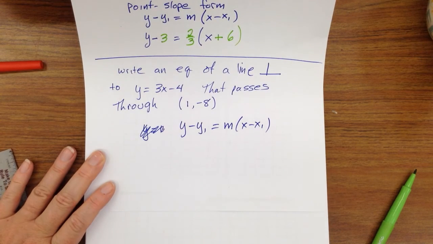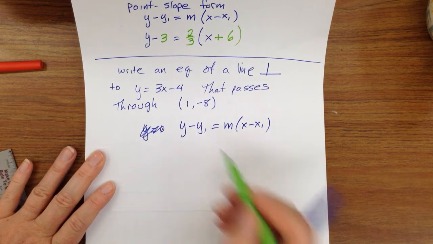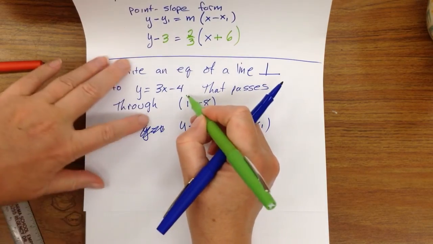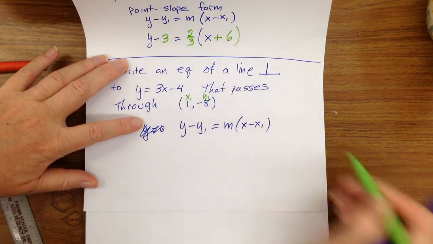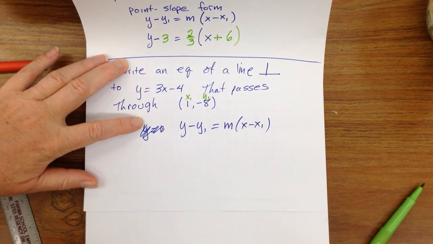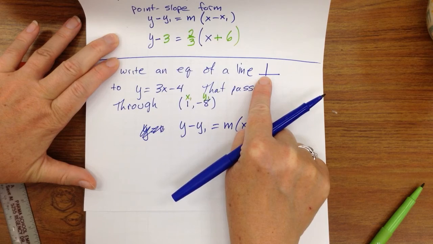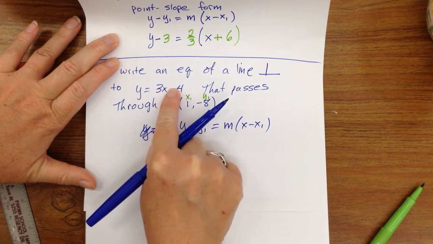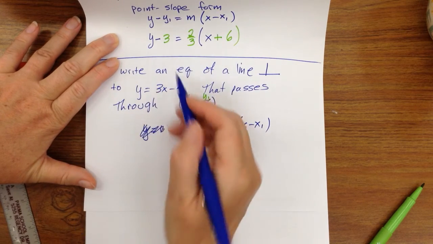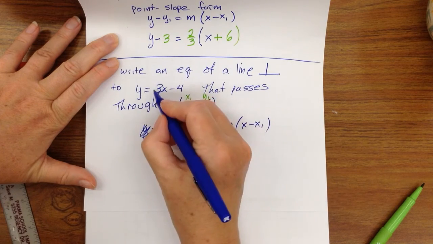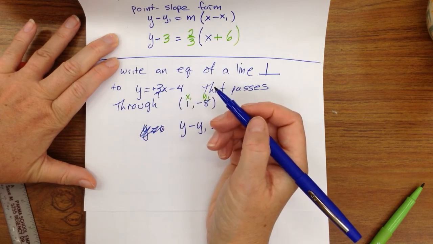All I need is a point and the right slope. Well, there's your point. This is your x1. This is your y1. Now what about your slope? Well, our slope needs to be perpendicular to this line. What is the slope of this line? The slope of this line is 3, also known as 3/1, also known as positive 3/1.